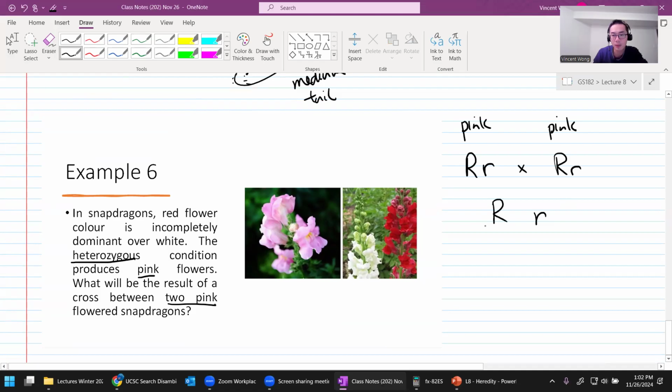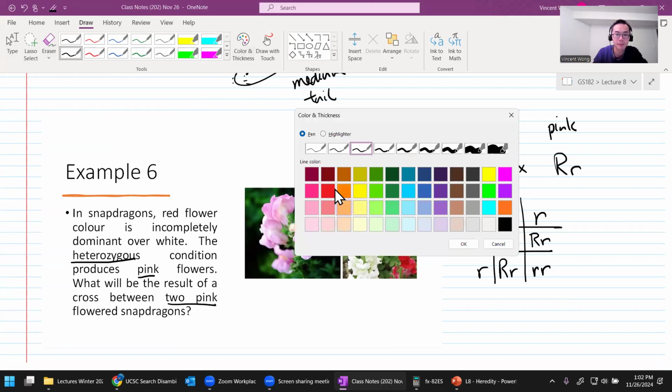And the way we do the Punnett square is the exact same way from before. What is different here is how you interpret the results. Right? So we get our Punnett square done like that.